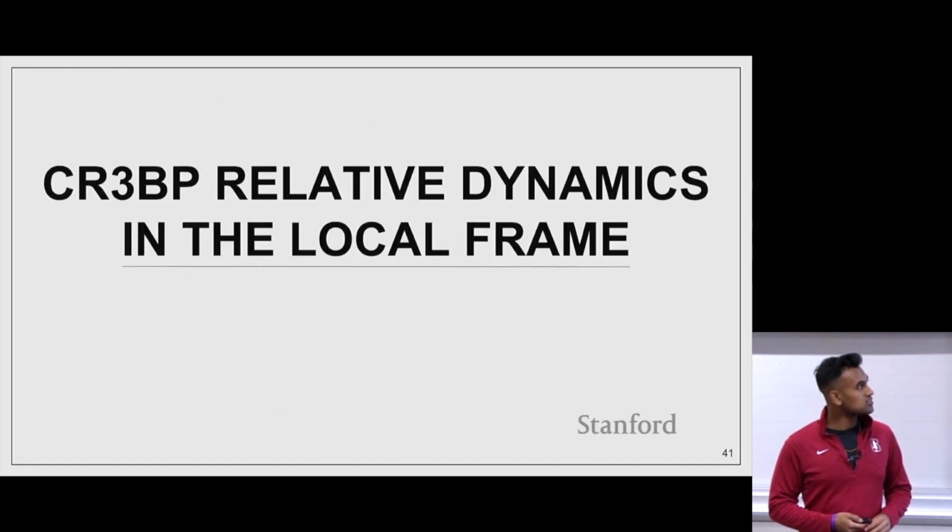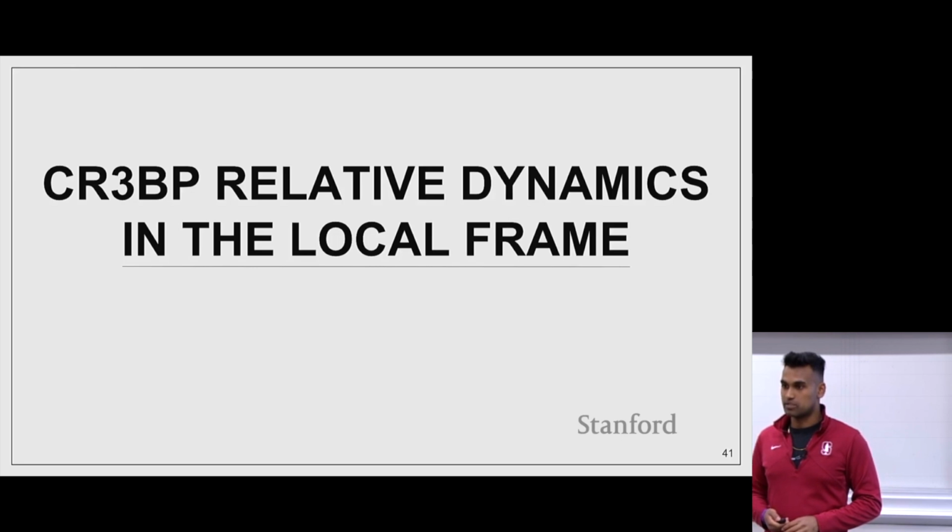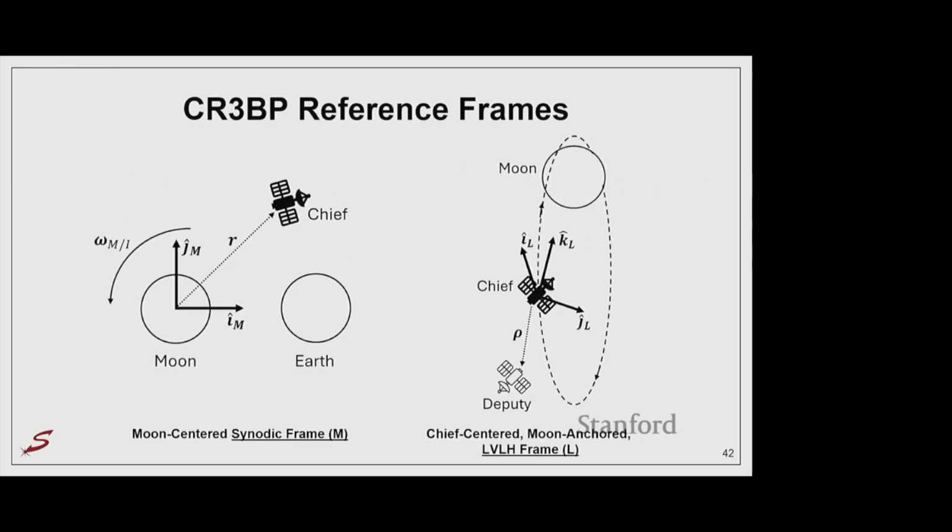So now we're going to look at CR3BP relative dynamics in the local frame. Up till now, most of the systems we've been looking at have been formulated using that synodic rotating frame. But while we're in our synodic frame, we can define a chief-centered, moon-anchored local frame, either an LVLH frame or any other type of local frame.